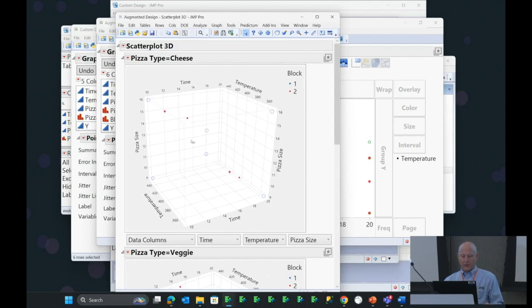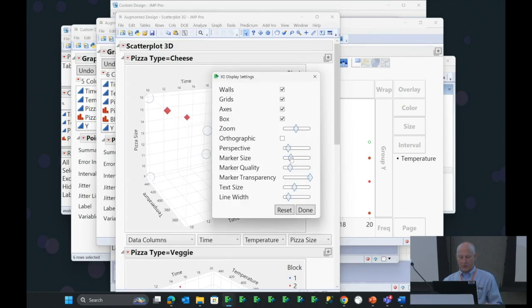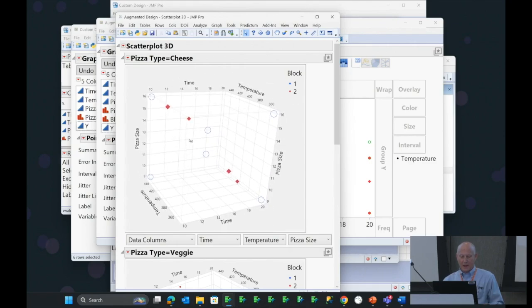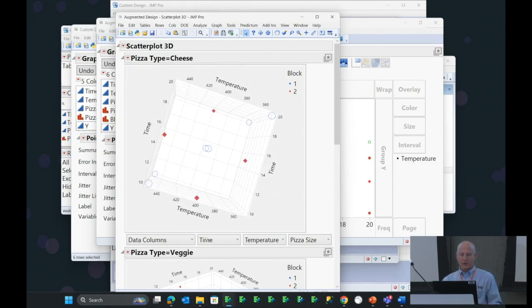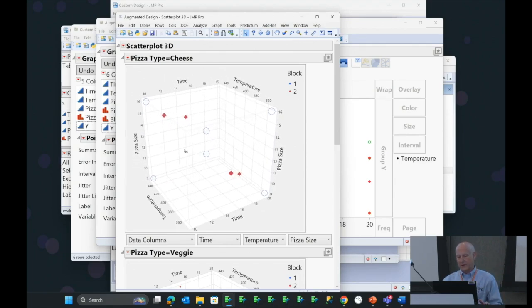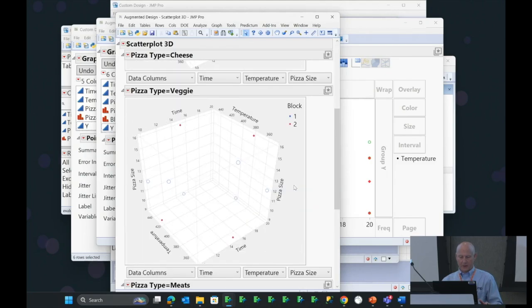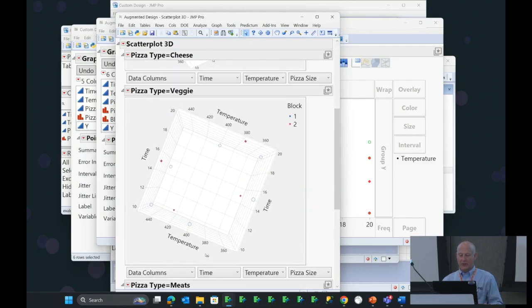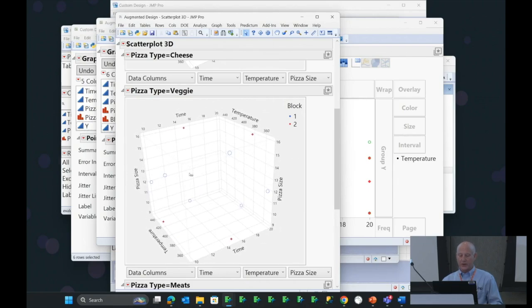And here you can see I can make those markers bigger. So this is just the cheese data, but if I look at the time temperature straight down on it, you can see we avoid the high and low combinations. But if you look at it this way, we can do the same for all of these. The time temperature honored those constraints, and you can see it's filled out more regions of the design space.